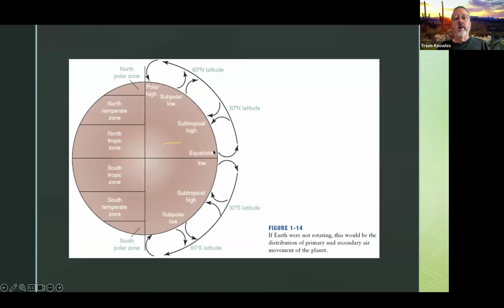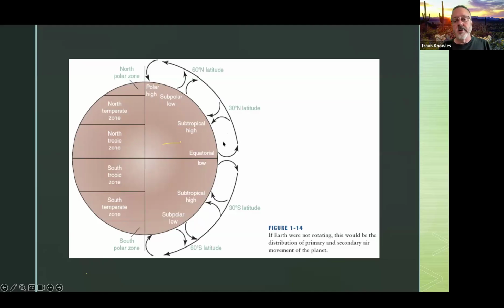Here's one more map of the globe that shows these big convection cells. This is a diagram showing the Hadley cells, the direction of the spinning of air masses relative to the equator and to the poles. So there's one south of the equator and one north of the equator. The equator's getting all the heat.